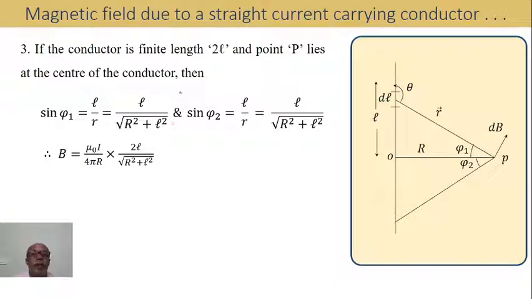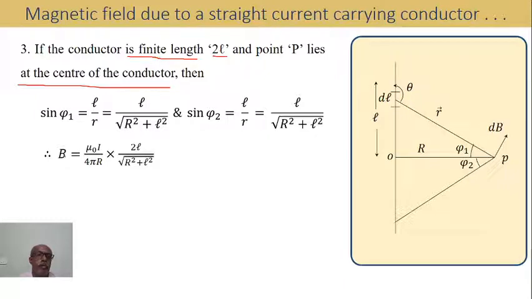Similarly, we have a third case. If the conductor is of finite length, not infinite, and if the length is 2L and point P lies at the center of the conductor, then sin phi 1 will be equal to L by R, which is L by root of r square plus L square, that we have already determined, and sin phi 2 is similarly L by root of r square plus L square.